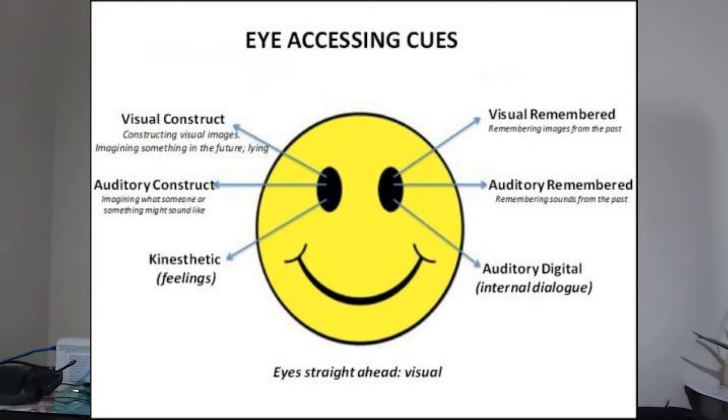And really, if you understand the basics that we're covering today, which is the eye-access cues and some of the keywords and the modalities and submodalities, you're going to understand a good portion of how to use NLP to start building rapport with people and building that connection so that you can build a relationship with them down the road. So again, using these cues to understand people and how to talk to people is really key to your networking success.